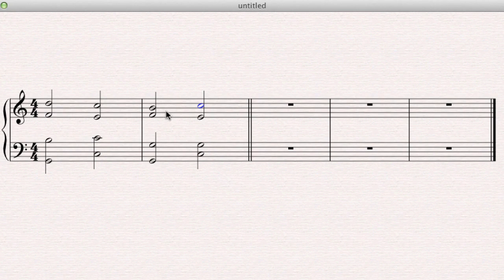When the spelling of them forms an augmented 4th, as they do here, remember that the diminished 5th and the augmented 4th sound exactly the same. They're what we call the tritone, yeah? Because they're exactly 3 whole tones away from each other. Okay, so when the tritone is spelled as an augmented 4th, then the voices are going to resolve away from each other. So that's kind of a nice thing to keep in mind as a way to remember how you should voice lead these notes in general.